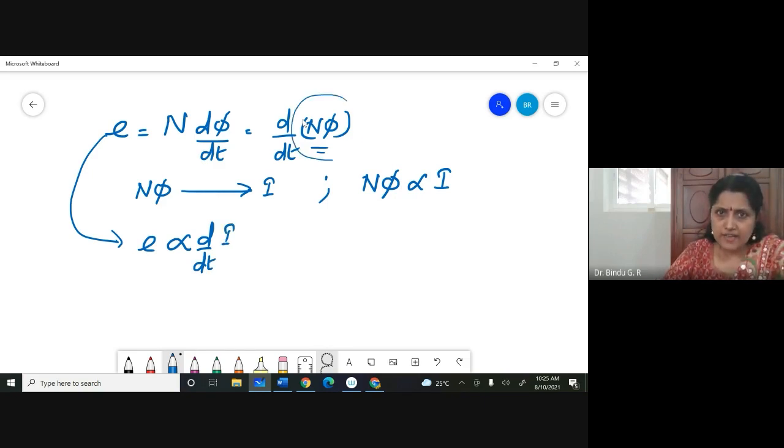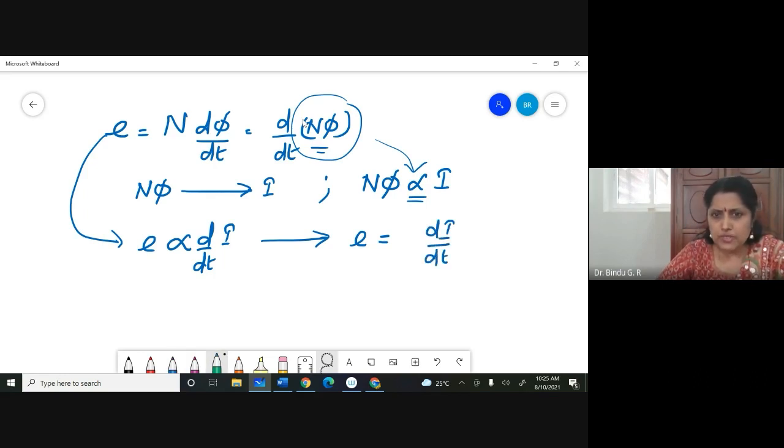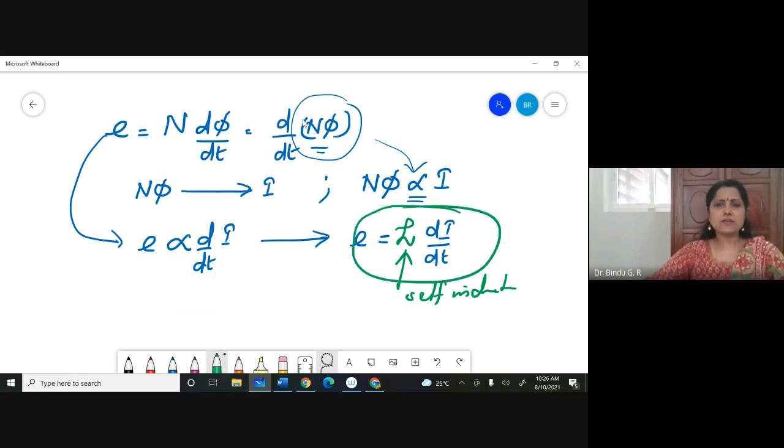Instead of N phi, I replace by I, but I have to retain the proportionality because N phi is proportional to I. Or I can rewrite this as E is equal to di by dt with a proportionality constant, which I call self-inductance. This is my first expression: E is equal to L di by dt.